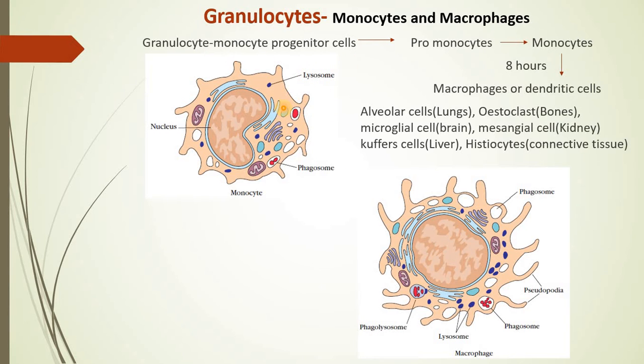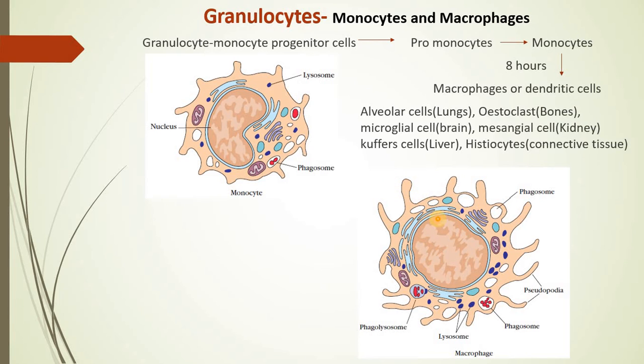The only difference between monocytes and macrophages is that monocytes are motile and are seen in the circulating fluid, that is blood, whereas macrophages are non-motile, transformed from monocytes, and are seen restricted to tissues like lungs, brain, kidney, bones, connective tissue and so on, right?